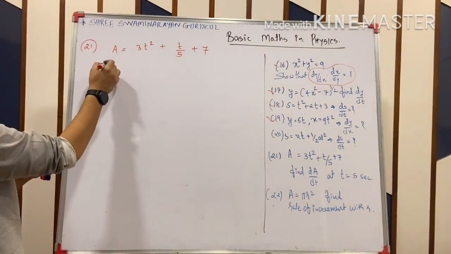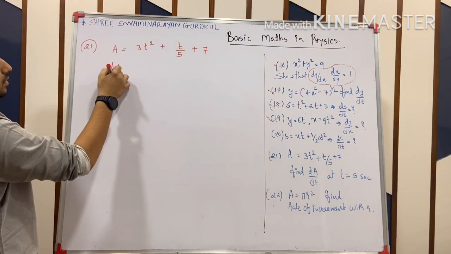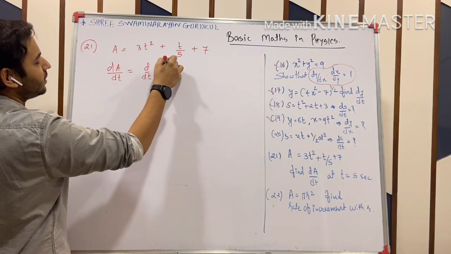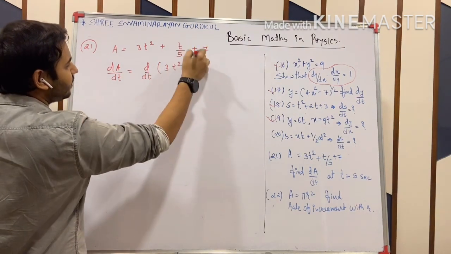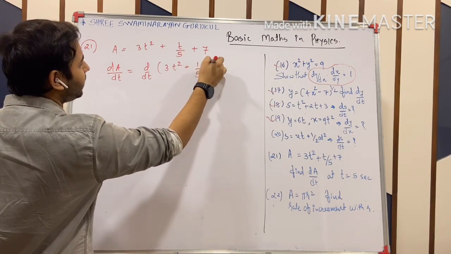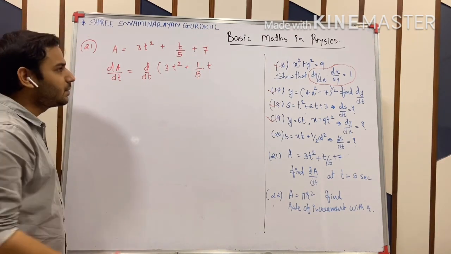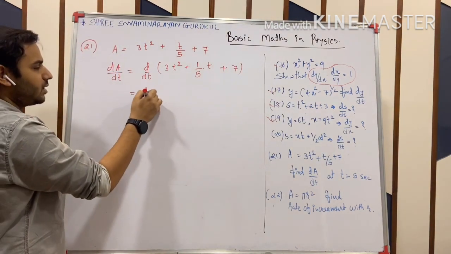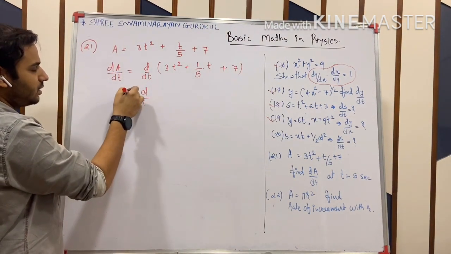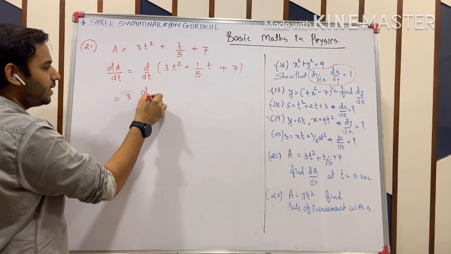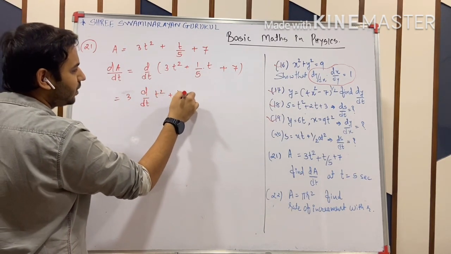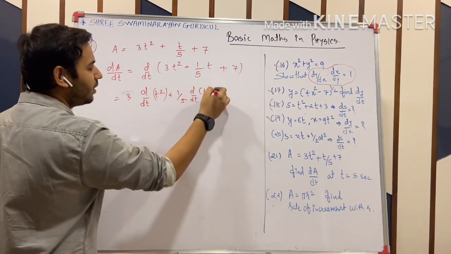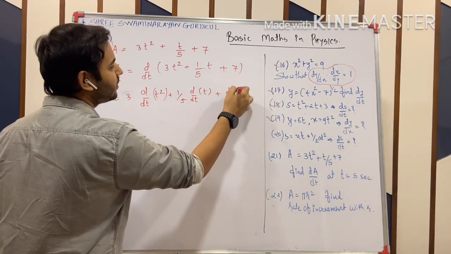So first of all, differentiate these terms with respect to time. d by dt of 3t square, I can write this 1 upon 5 into t, t by 5 can be written like this, and 7. Now differentiation of these 3 as it is, d by dt of t square, plus 1 upon 5 as it is, d by dt of t, and this d by dt of 7.